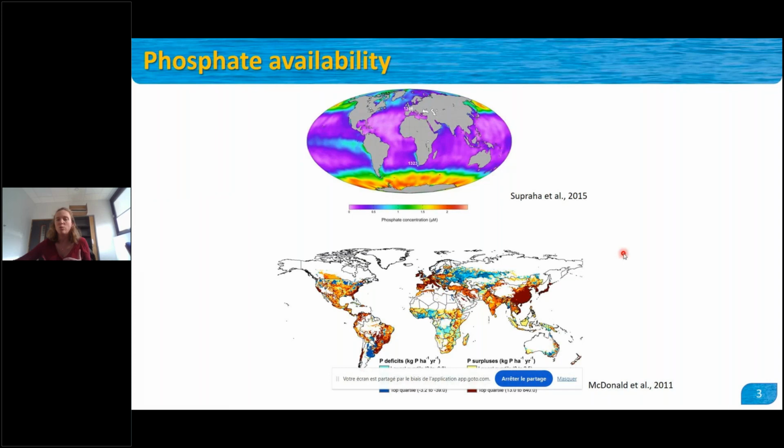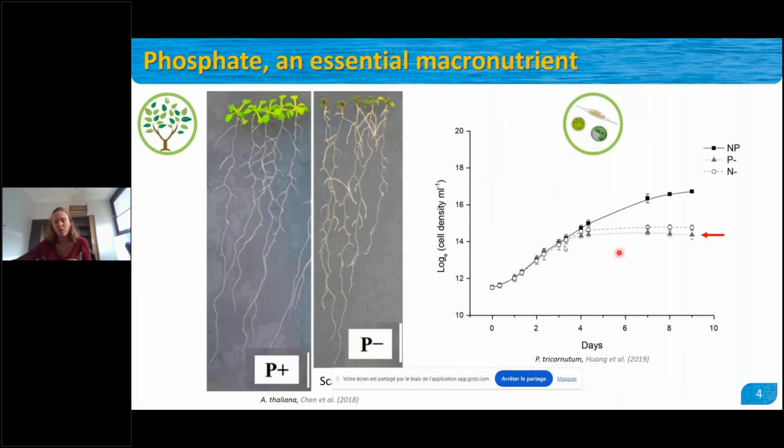So depending on where you grow your plants or your algae, you will have a difference of yield. Indeed, if you have an environment without phosphate, you can see that for plants, the growth of the leaves is really impaired. And in algae, when you don't have phosphate in your media, you stop the division quite early in the growth curve.